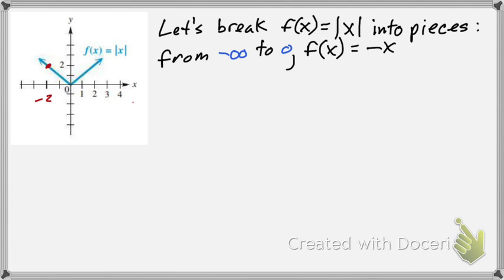Then we're going to look at the right-hand side, a different chunk. Starting there at 0, going to positive infinity, isn't the y value, f of x, just equal to whatever x is? Yeah. So if x is 3, y is 3. If x is 25, y is 25. If x is 1.7, y is 1.7.